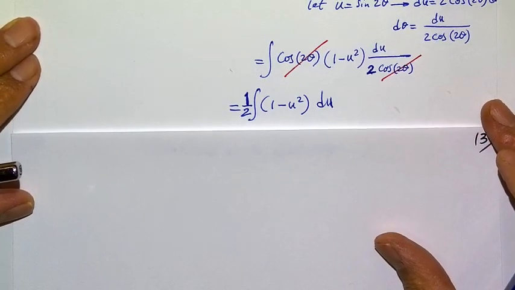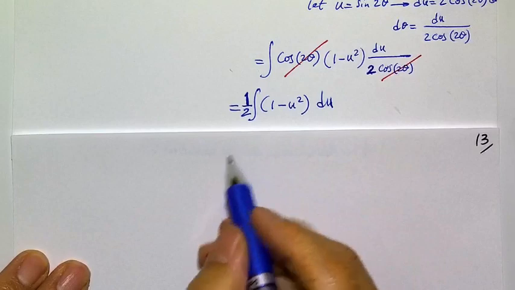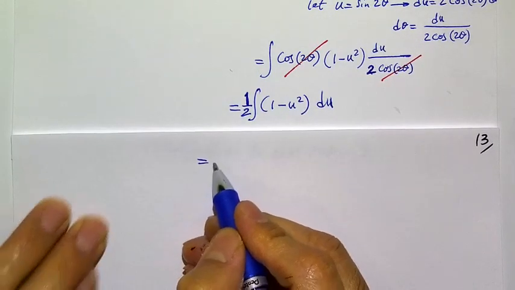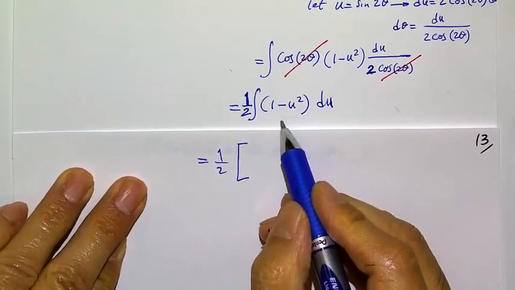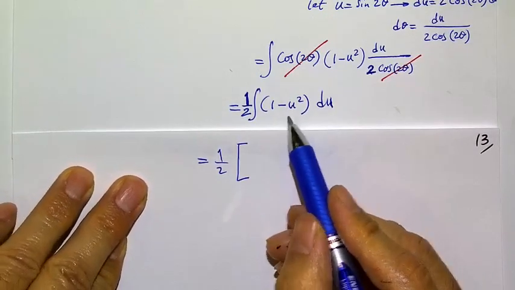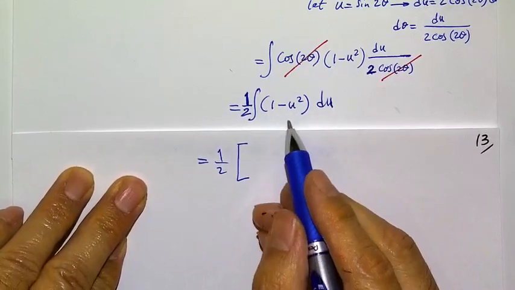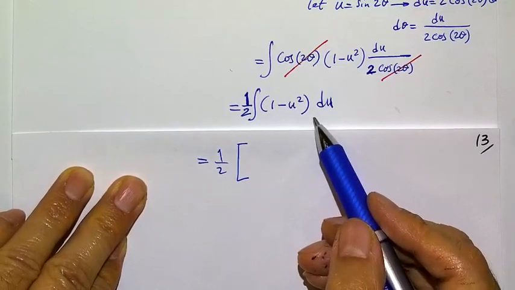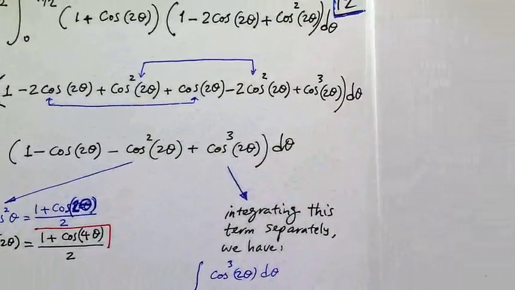Okay, so now let's integrate that. So we have equals 1/2, and this is still, I'm keeping everything as an indefinite integral. There is a reason for that. The reason being that I'm going to be able to plug it back into the original here.